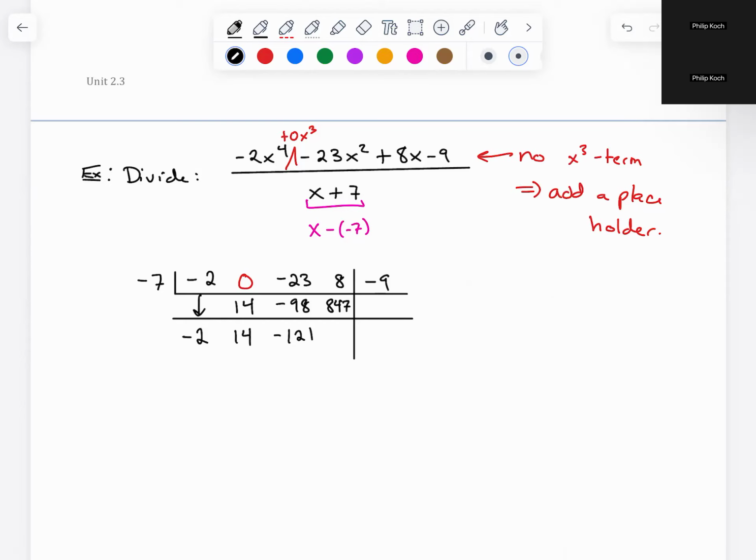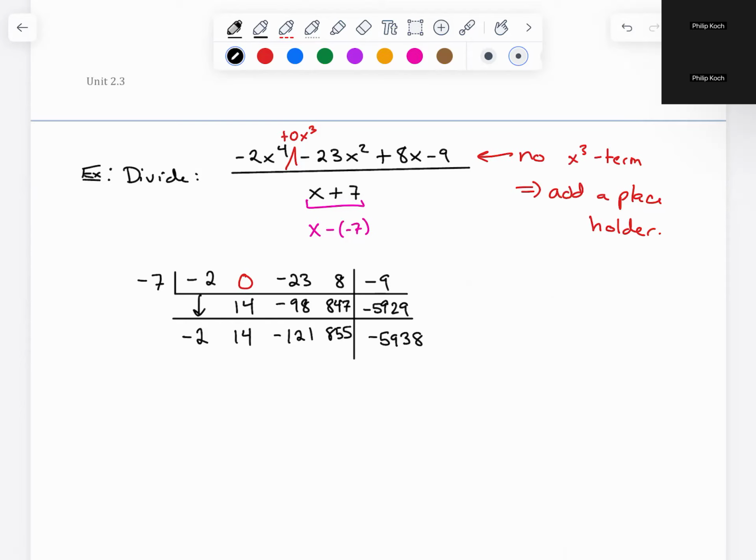And then that's going to be 855. And then times that by 7 is negative 5,929. And add those together, you get negative 5,938. Not very comfortable numbers, but fine enough to work with.